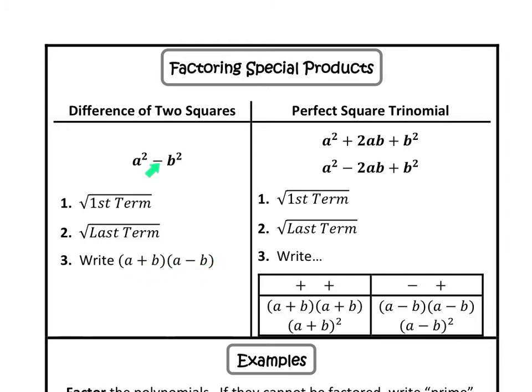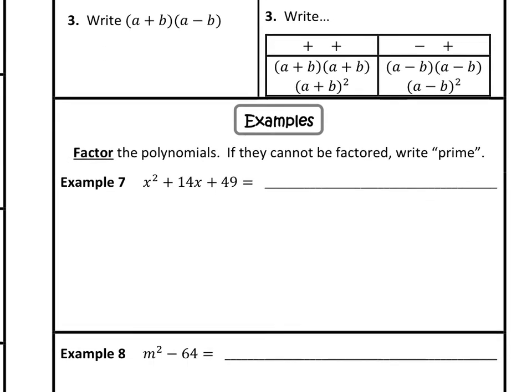Making sure there's subtraction, making sure there's two terms for the difference, and then for the perfect square trinomial, making sure it has three terms, making sure that I can square root the first term and the last term, and then making sure that I have 2 times the first times the last, what we were doing just a little while ago. Okay, so let's jump right into it.